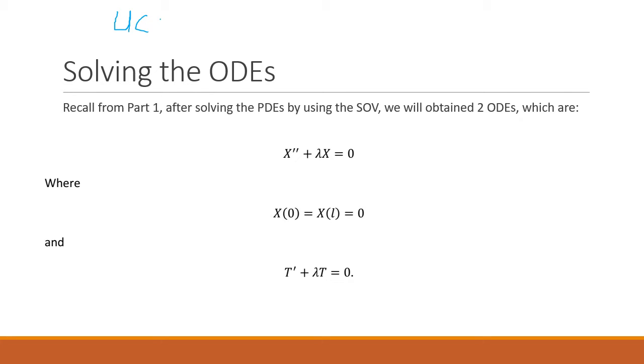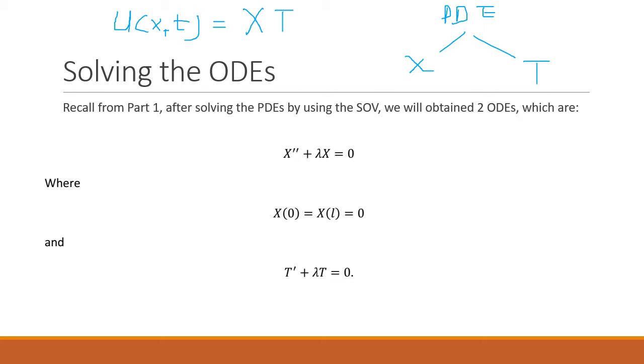So daripada PDE kita menggunakan separation of variable, kita dah separatekan variable X kita dan juga variable T. Okey, so daripada PDE kita dah dapat dua ODE in terms of X dan juga in terms of T.